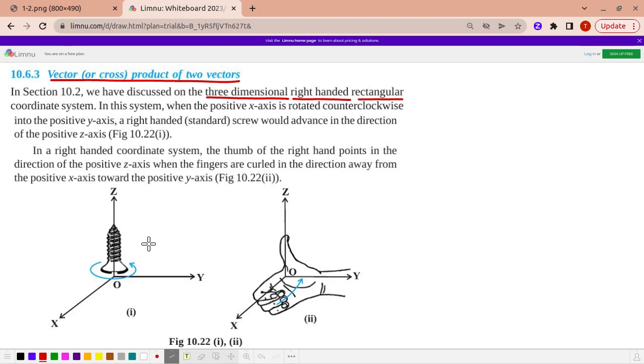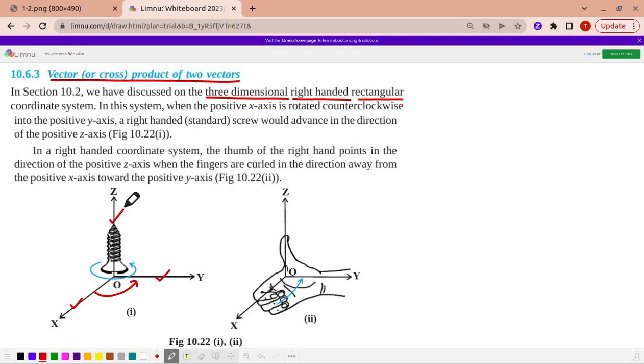In this system, when the positive x-axis, as you see here, is rotated counterclockwise into the positive y-axis, that means this is the positive x-axis and this is the positive y-axis, when the positive x-axis is rotated counterclockwise towards the positive y-axis, then a right-handed screw would advance in the direction of the positive z-axis like this.